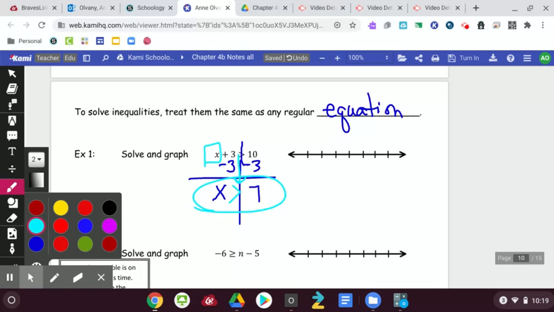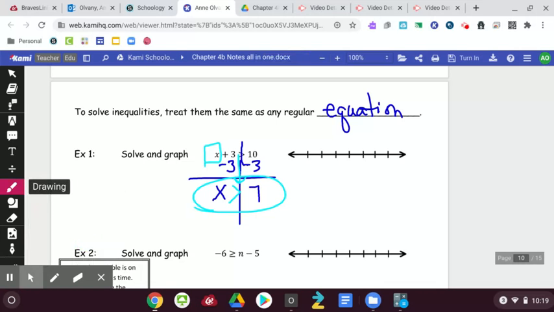Now, what we do is we graph those answers because there's so many, we graph them. So we're going to take a piece of the number line. I'm going to do 6, 7, 8. You can number all of them if you want, but you only really need 3 with this number in the middle. I know it's not technically in the middle.